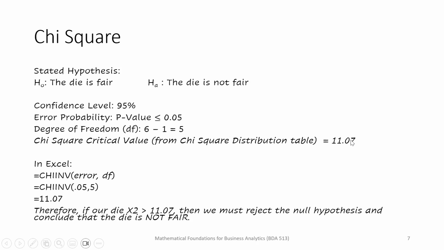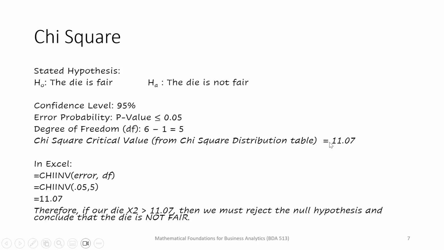Once we've established this, we are going to work out the actual observed occurrences. And when we calculate the chi-square, whatever figure we get, if it is more than 11.07, then we reject the null hypothesis and conclude that the die is not fair.